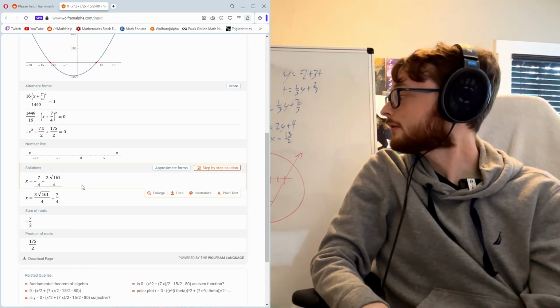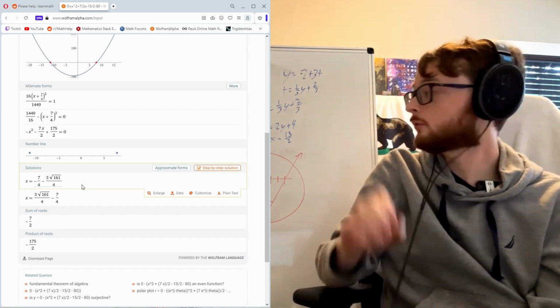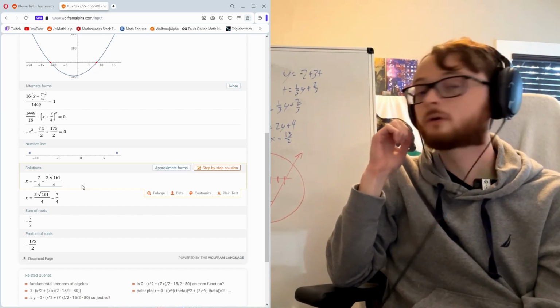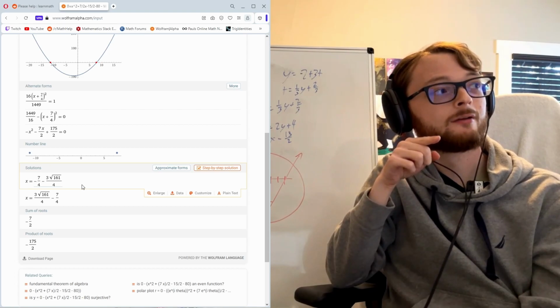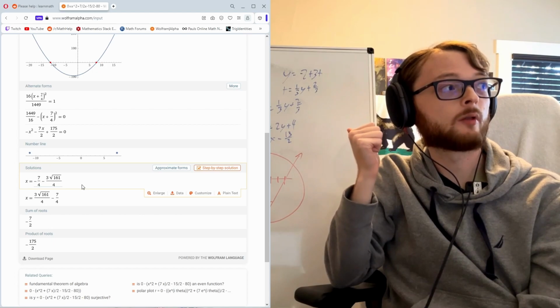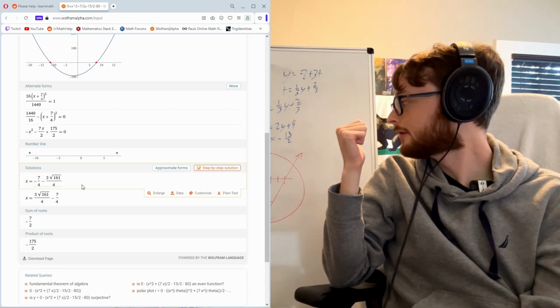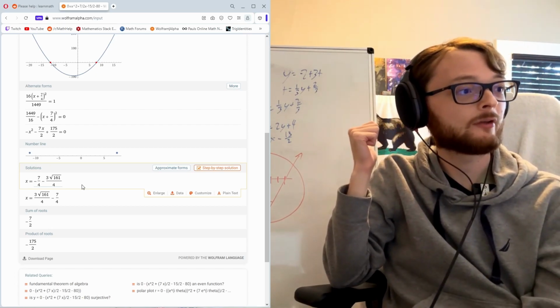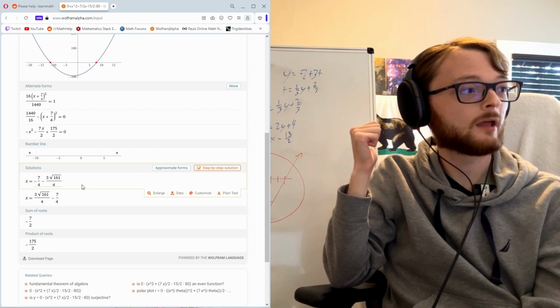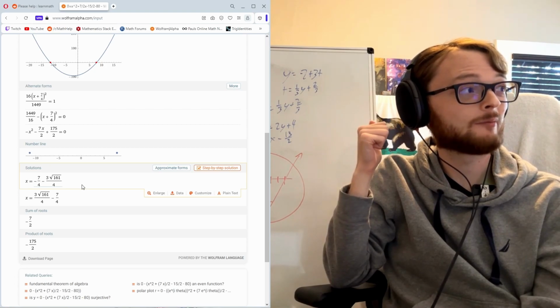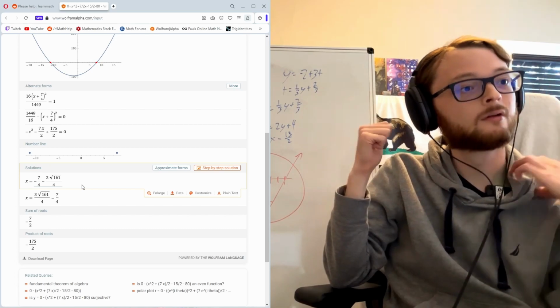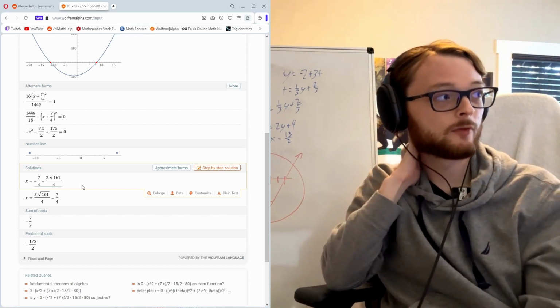Oh, wait. Only one of those solutions applies to this problem, because we have to check if the circle intersects the line. The circle definitely intersects the line once in the lower part, and the other one could be in the upper or the lower. I'm not really sure. So we'd have to verify that these points are actually on the line.